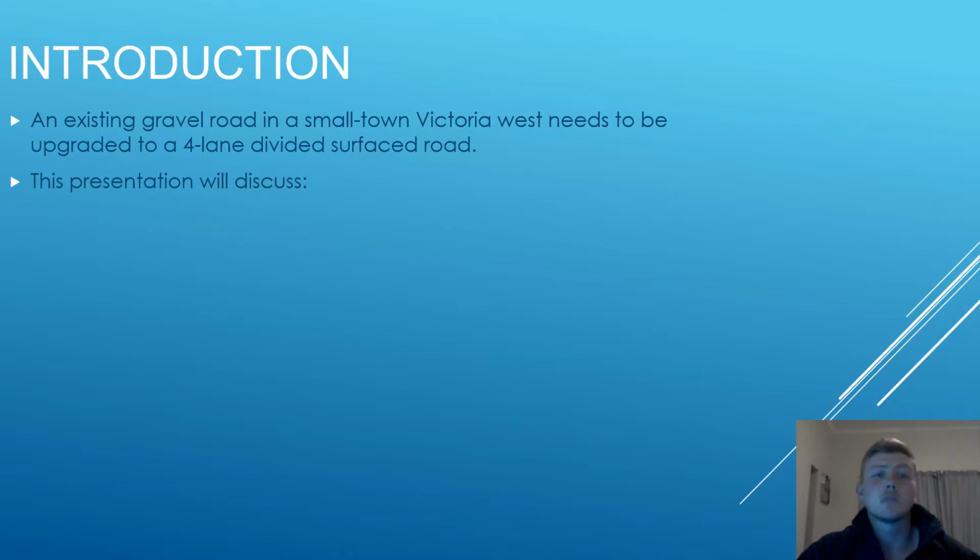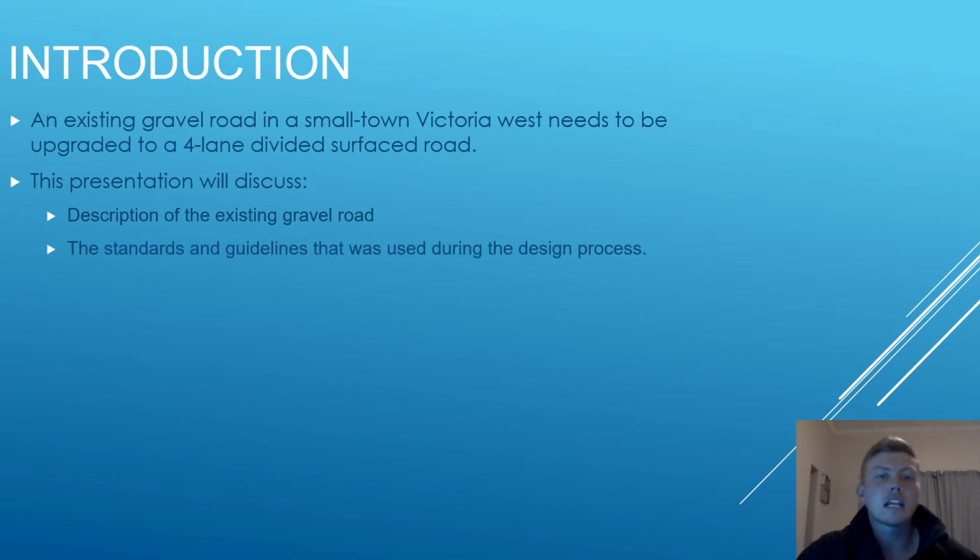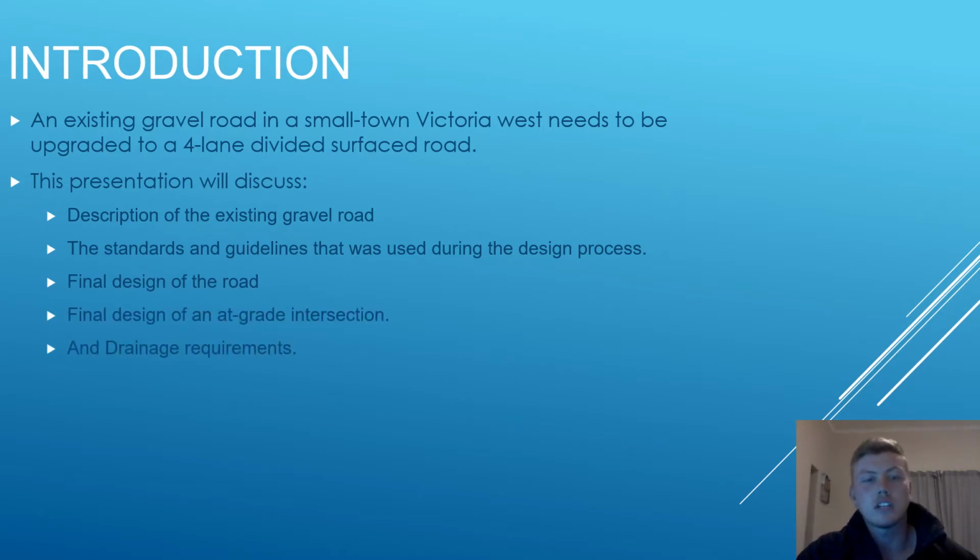This presentation will discuss the description of an existing gravel road, the standards and guidelines that were used during this process, final design of the road, final design of an at-grade intersection, drainage requirements, and some additional info.